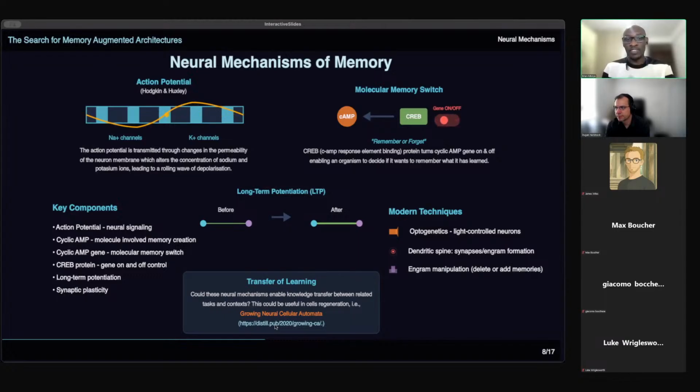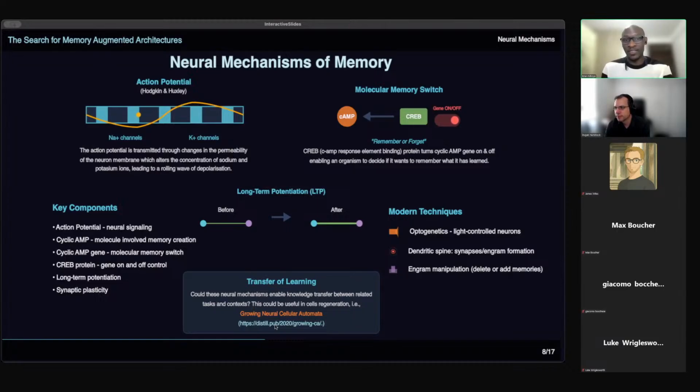Like you have a cellular automata that regenerates if you delete some section, like a leg of some animal, then it regenerates through this transfer of learning. So other cells have the knowledge of creating a limb, right? That knowledge is used to regenerate the limb.